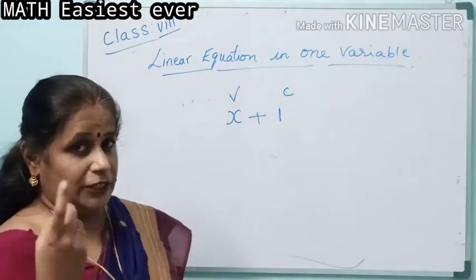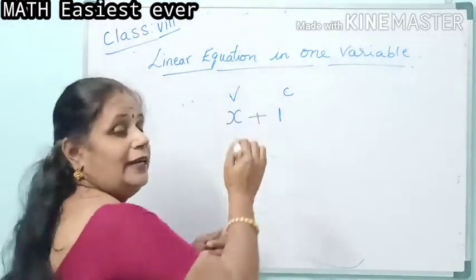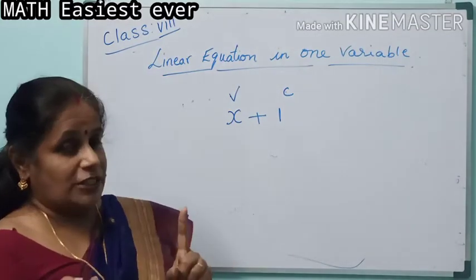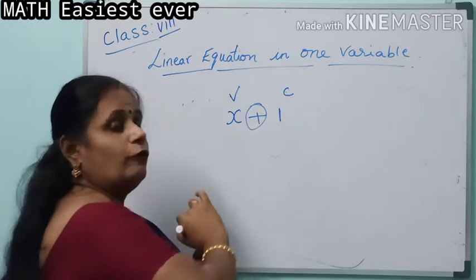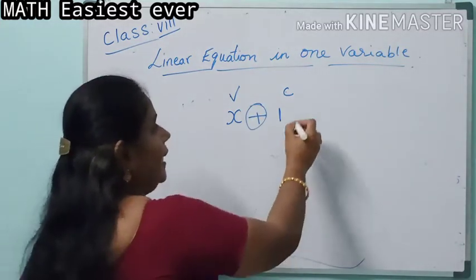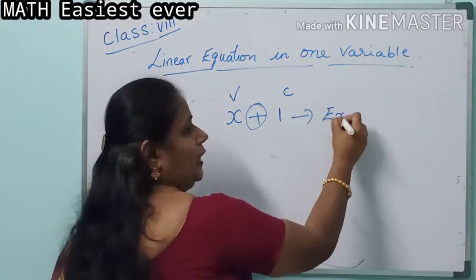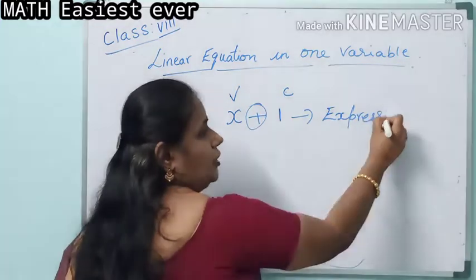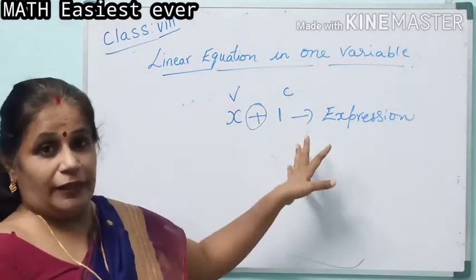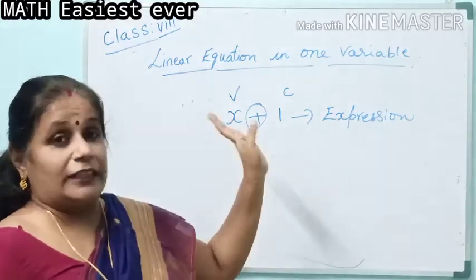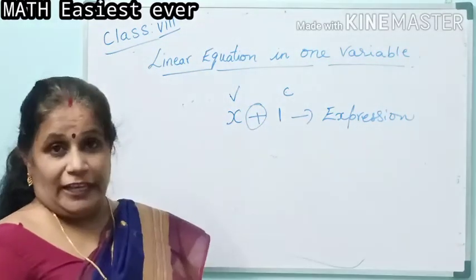Addition, subtraction, multiplication, division. If you combine the variable and constant with any of the 4 arithmetic operations, then it becomes an expression. This is an expression. A combination of constants and variables with any of the arithmetic operations is called an expression.